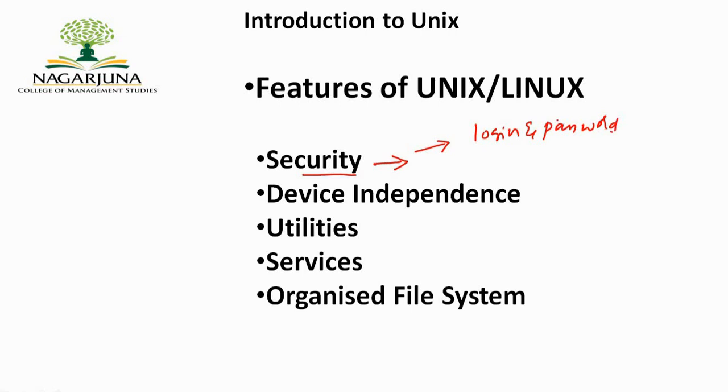The second level of providing security is file protection, which is provided by granting different permissions to each and every individual file. You can expect only the read permission, or the user will have only the write permission, or the user has the provision to execute it.